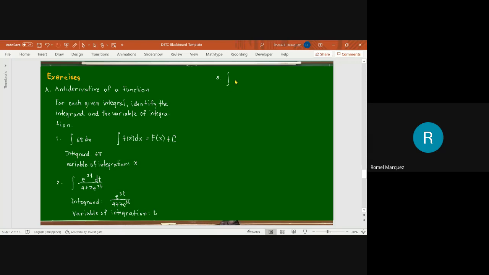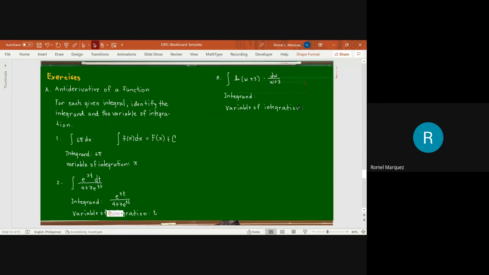What about this? What is the variable of integration and also what is the integrand? What about that, guys? Anyone?